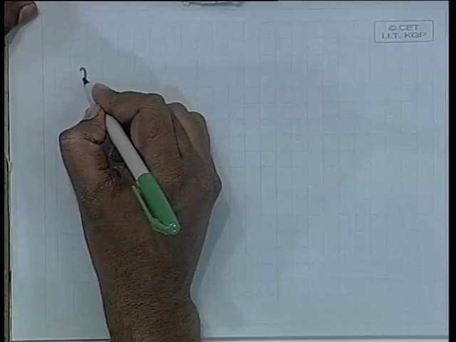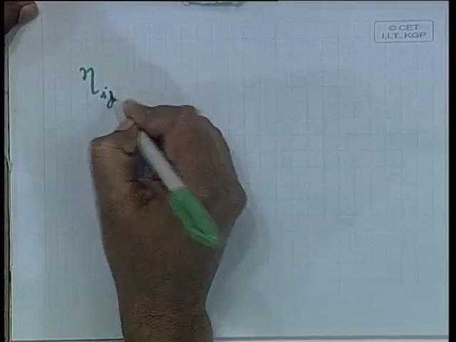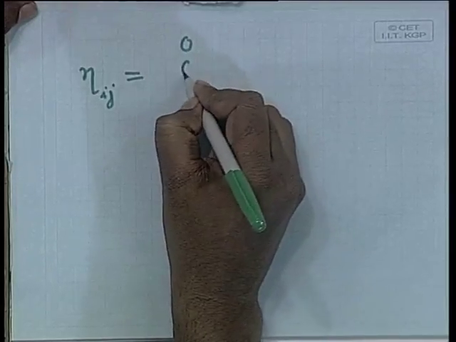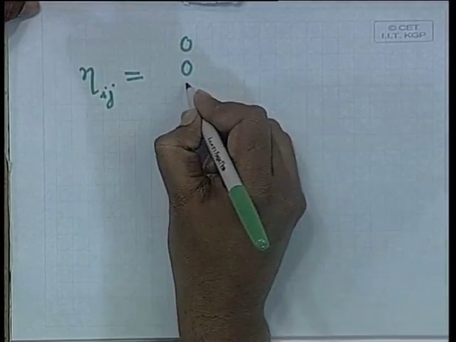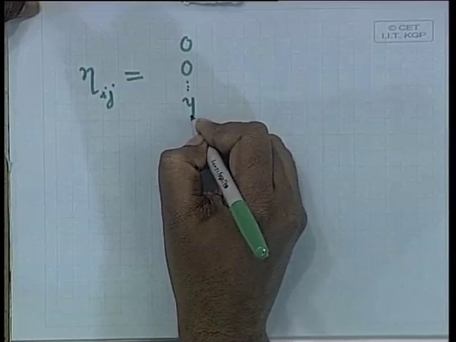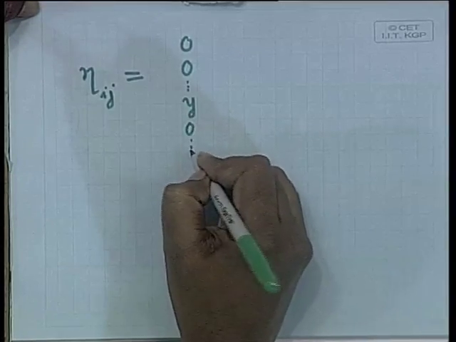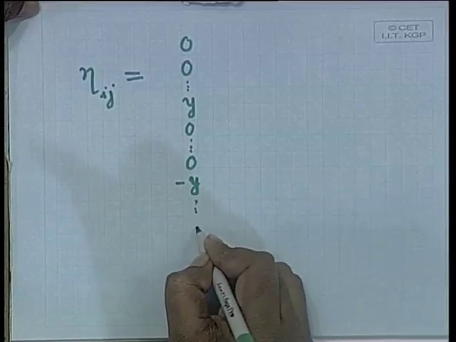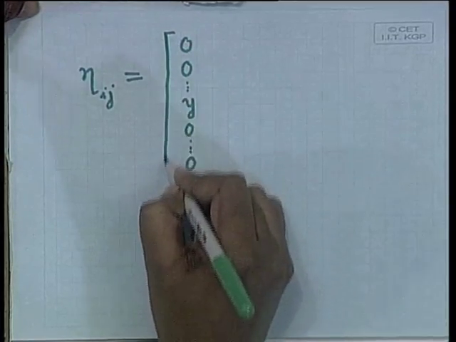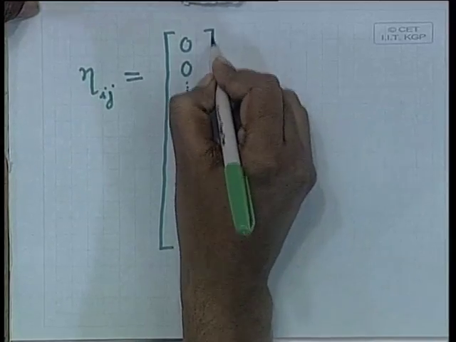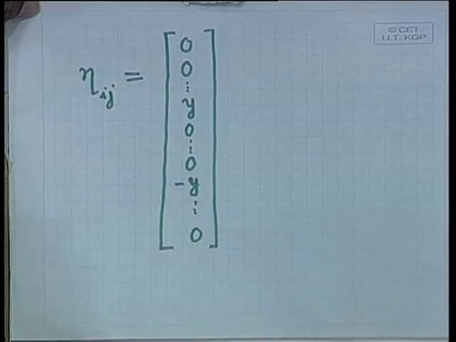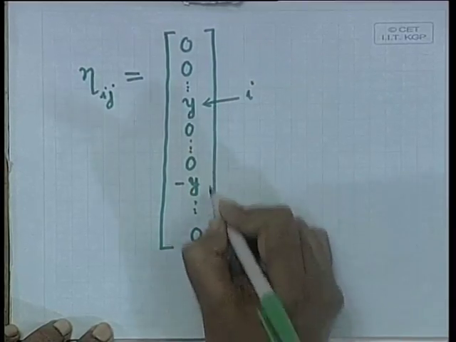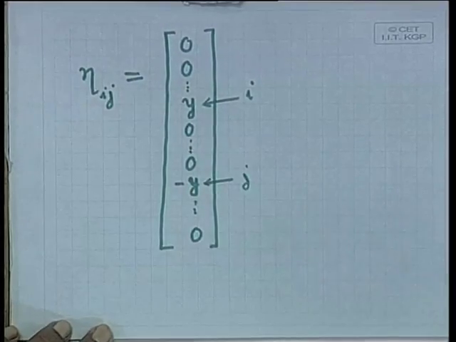a feature vector eta i j will be something like this: I will have these vectors having components 0, the ith component will be equal to y, the jth component will be minus y, then followed by zeros again. Okay, where this is my ith component and this is my jth component.